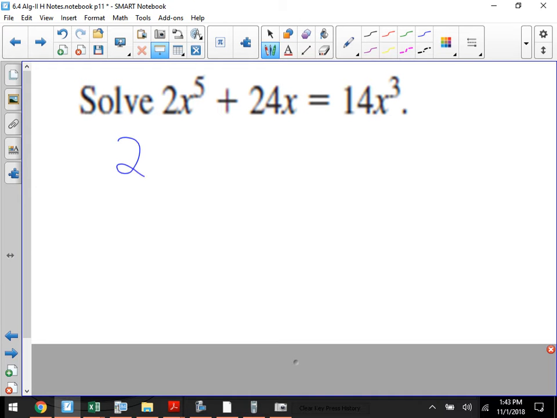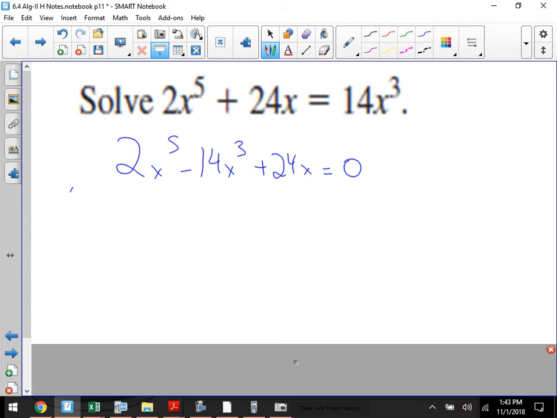So I would write down 2x to the 5th minus 14x cubed plus 24x is 0. And then just like every other factoring or solving problem, you always look for what first? And it is 2x.